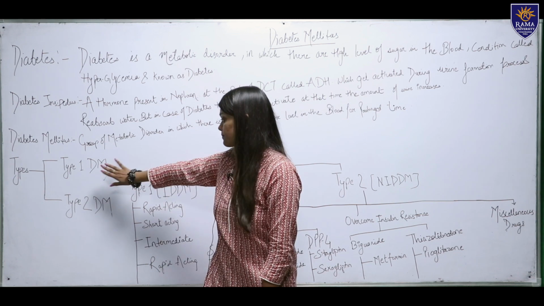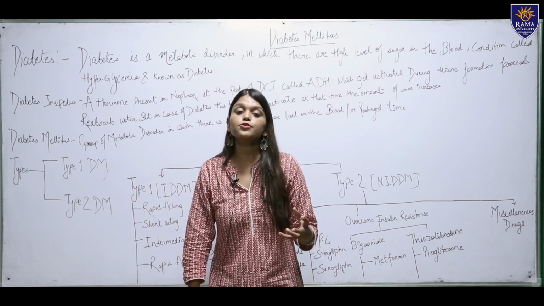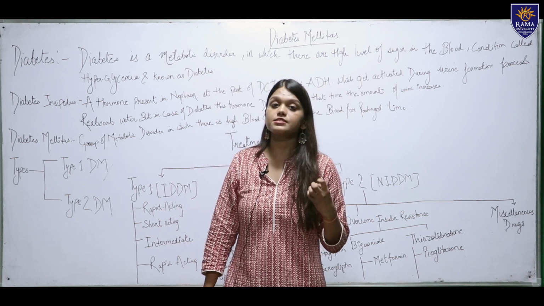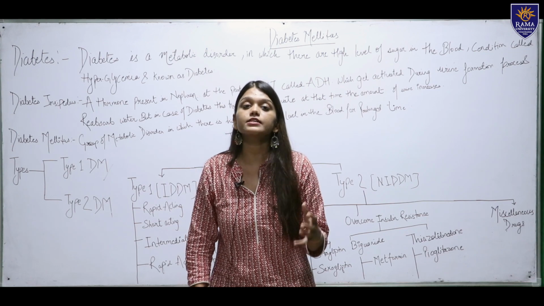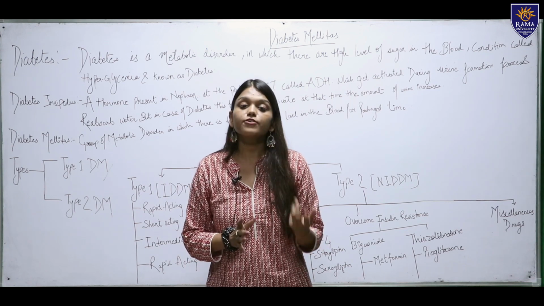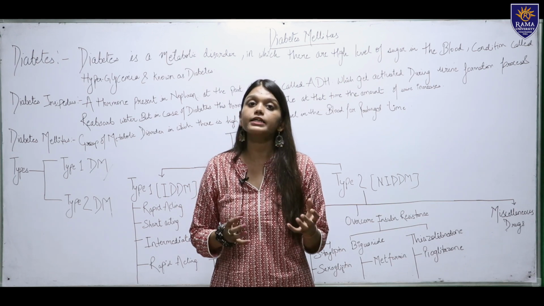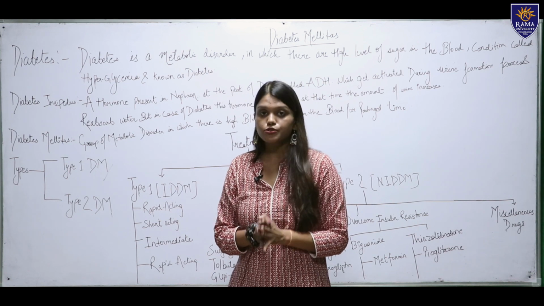And in type 2, the beta cells of the pancreas produce insulin, but the body cells become resistant to it, or we can say the receptor to which insulin binds gets defunctional or deactivated. So the body cells are unable to take up glucose as an energy source.